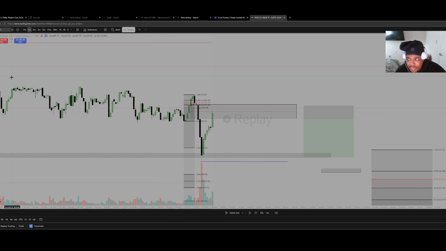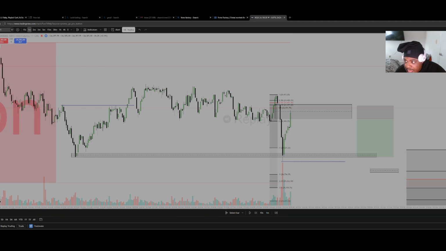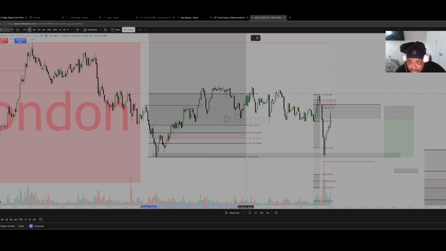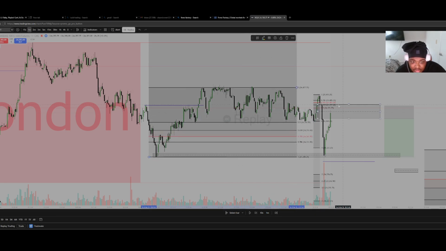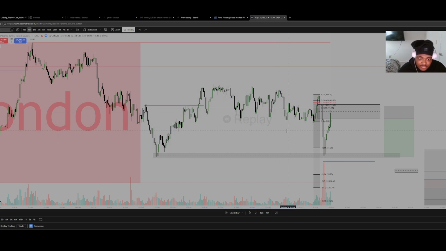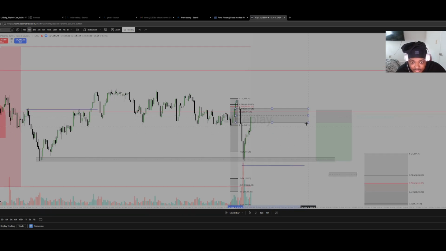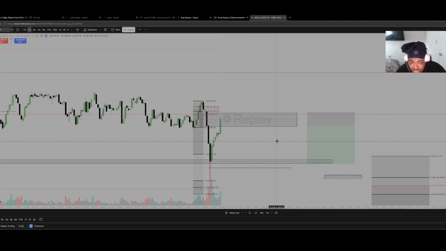Even though this successfully pulled back, it still got invalidated. So now I want to look for another confirmation, which will be this fair value gap right here. So I marked out this fair value gap that you see right here as well. Didn't want to enter at the red. I wanted to enter at the close of this fair value gap.